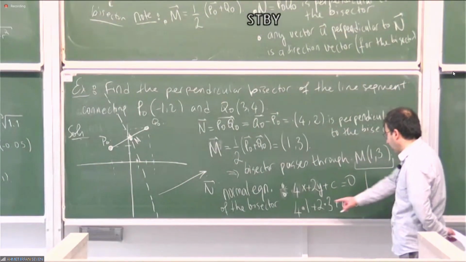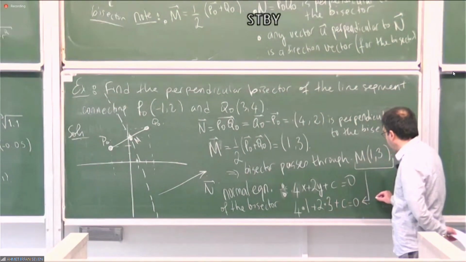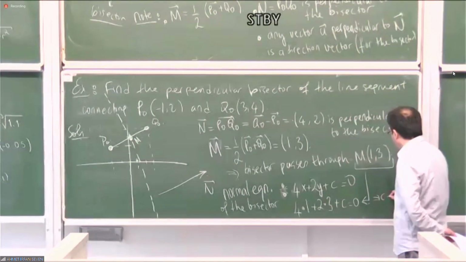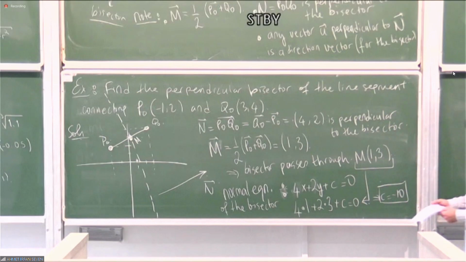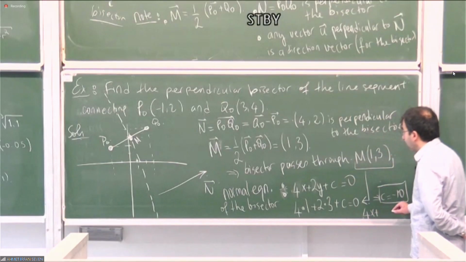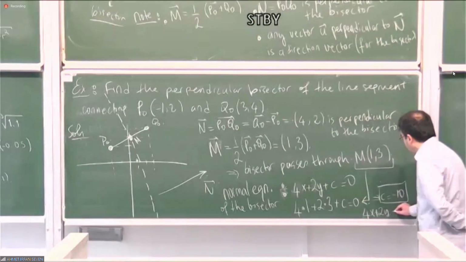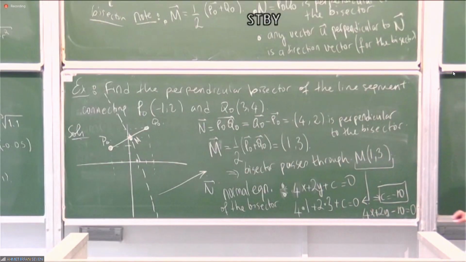So from here we see that 4 plus 6, which is 10, so C equals minus 10. All right, so the equation of this line is 4x plus 2y minus 10 equals 0. So this is a normal equation for this perpendicular bisector.